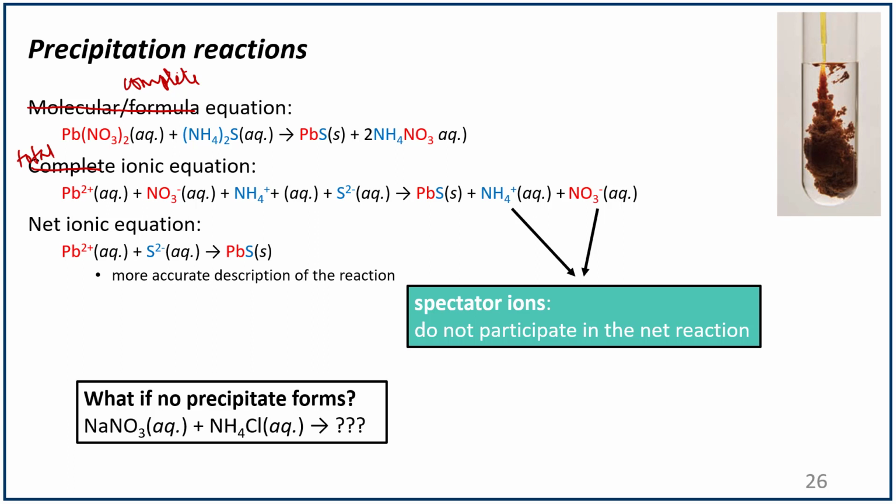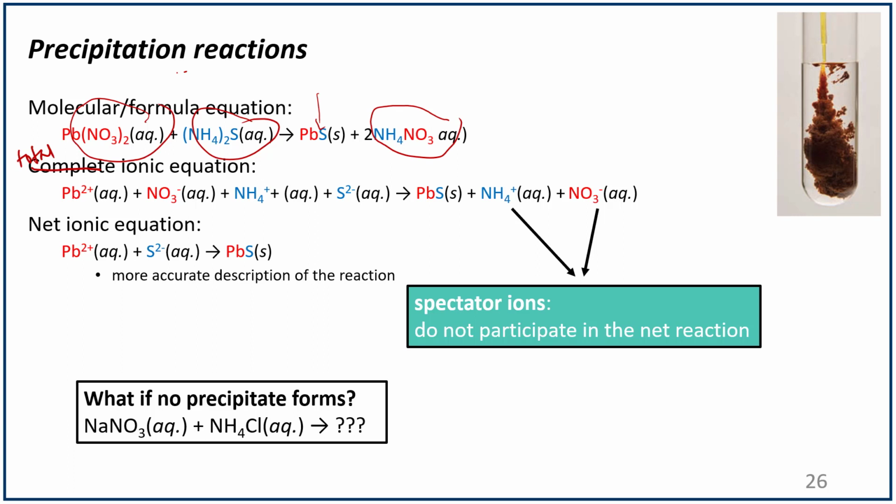So the molecular equation tells us what exact ionic compounds we start with. You start with these soluble ionic compounds and end up with an insoluble salt, and then you also end up with a salt which is soluble.